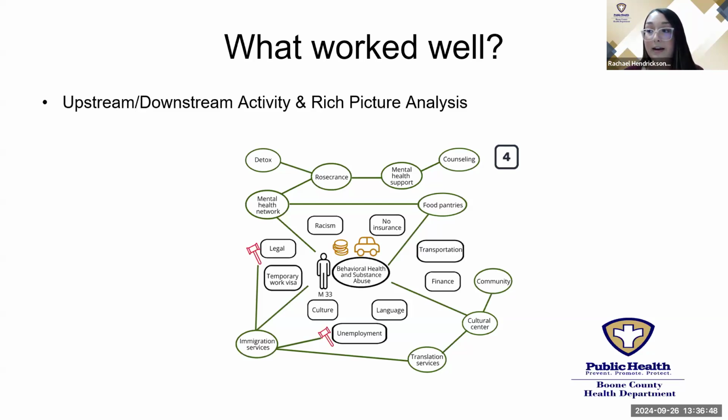For example, we've had the Chrysler plant shut down around that time, which impacted a lot of people in the community and their livelihoods. So we created a vignette about a hypothetical person experiencing that, for example. So that really helped bring it closer to home. Next slide, please.